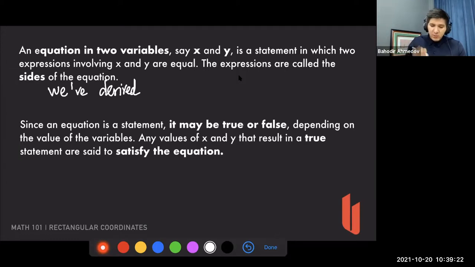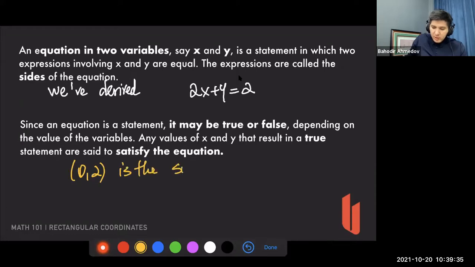So we have derived the equation 2x plus y is equal to 2. For example, the tuple (0, 2) is a solution. You see, the solutions now are not just one number, they come as two numbers.